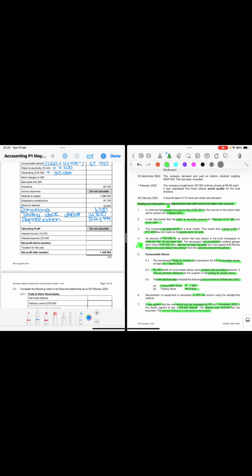The rent for February is still owed by the tenant. So the tenant has agreed to the terms, and the increase will only be 5% on the 1st of November. Our year ends on February, but we still haven't received February rent yet.